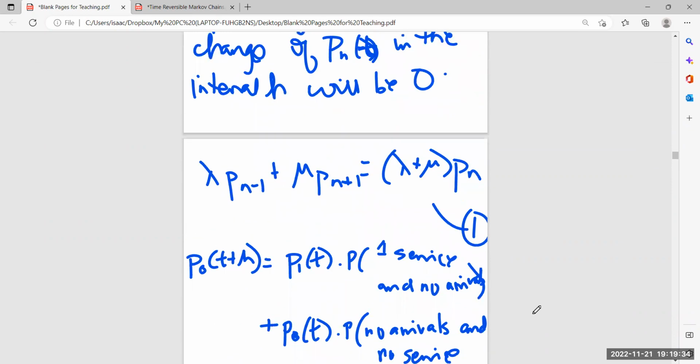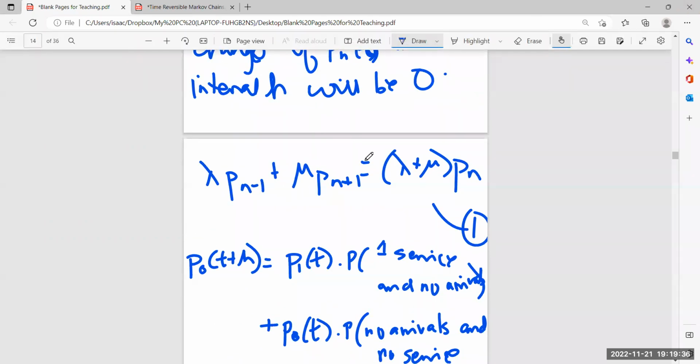Now, to solve that problem, all you need to do is look at this expression here, 1, right? And put n equal to 1 inside this expression. So you'll get an expression with P1 in it. This will be P2, and this will be P0.